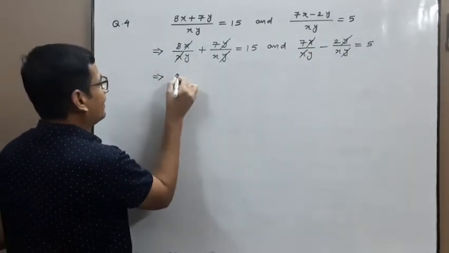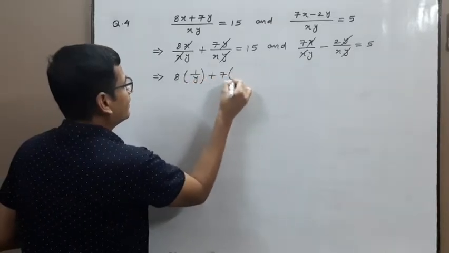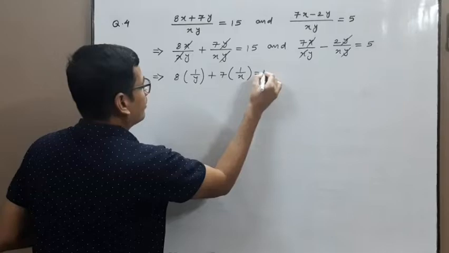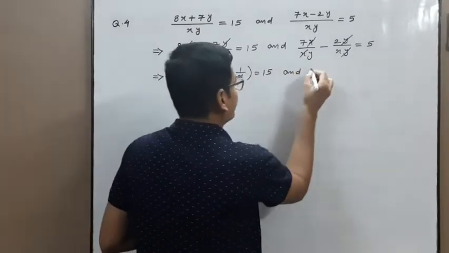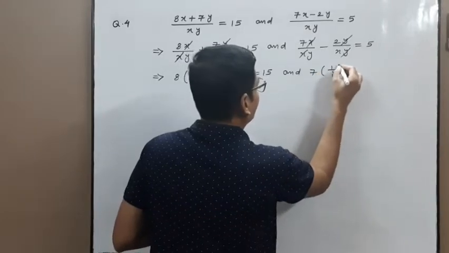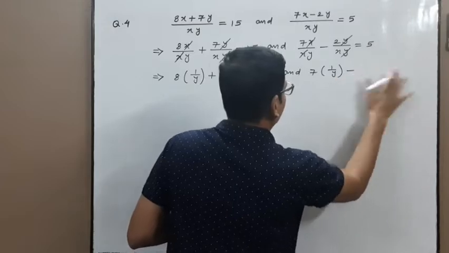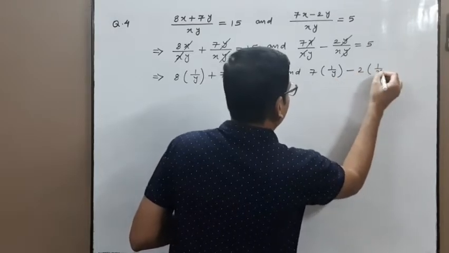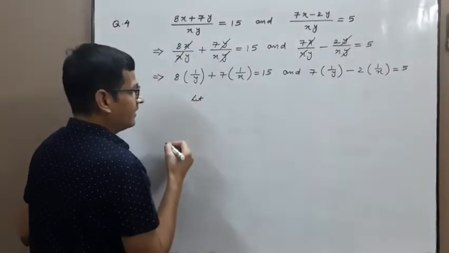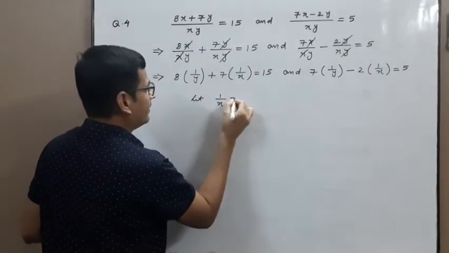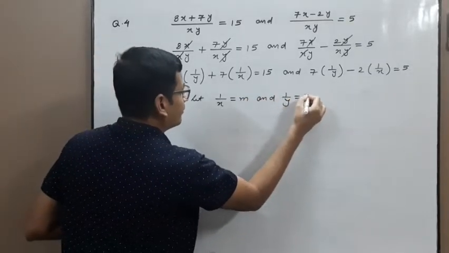So we can write 8 into 1 upon y plus 7 into 1 upon x equal to 15, and 7 into 1 upon y minus 2 into 1 upon x equal to 5. Let 1 upon x equal to m and 1 upon y equal to n.